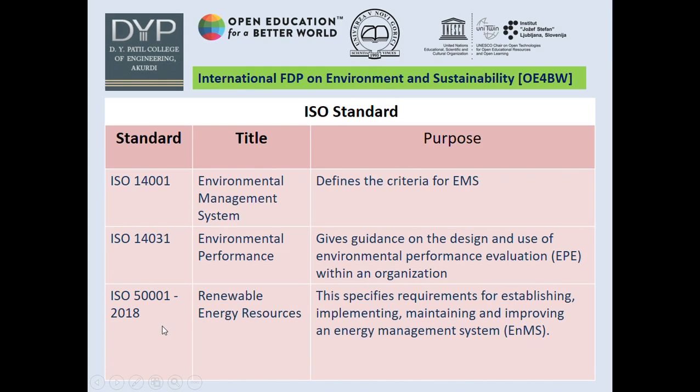The next ISO standard, from my point of view, is 15001, which was designed in 2018, whose title was Renewable Energy Resources. It specifies the requirements for establishing, implementing, maintaining and improving an energy management system.